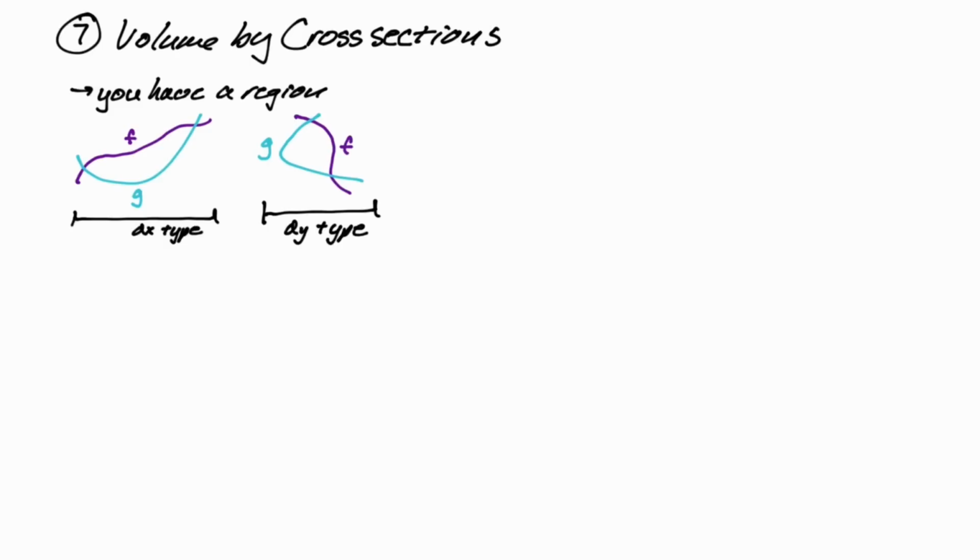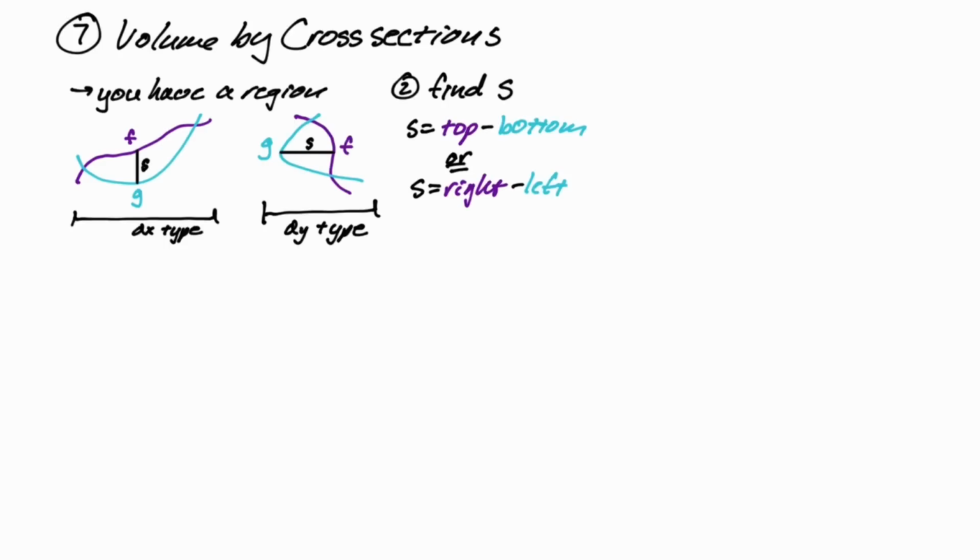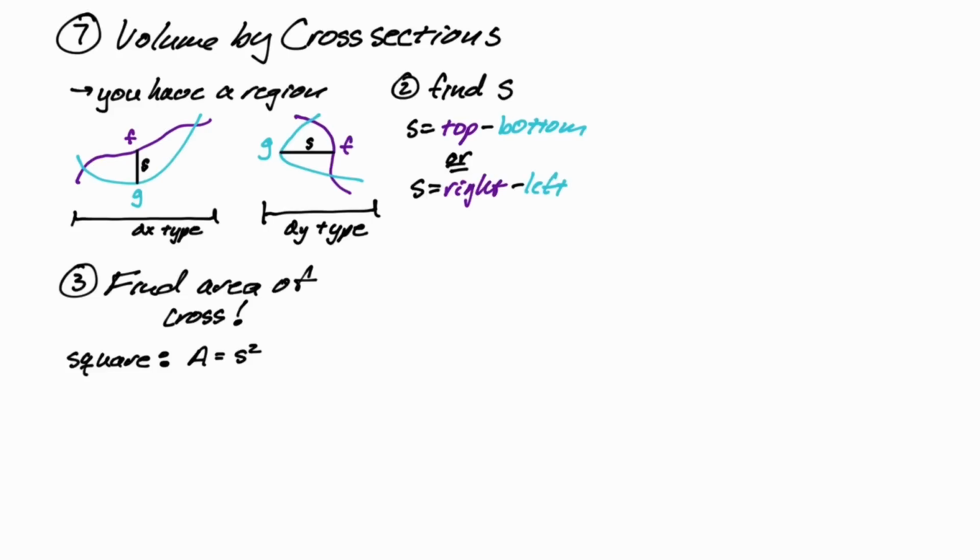So what you're going to do is calculate something that I call S. So we're going to find S. And it's either top take away bottom or it's right take away left. So there you go. That idea just permeates everything when you're doing these. Now, what we need to do is find the area of the cross section that they stipulate. They will just tell you it's going to be squares. The area of a square is s squared. It could be rectangles.